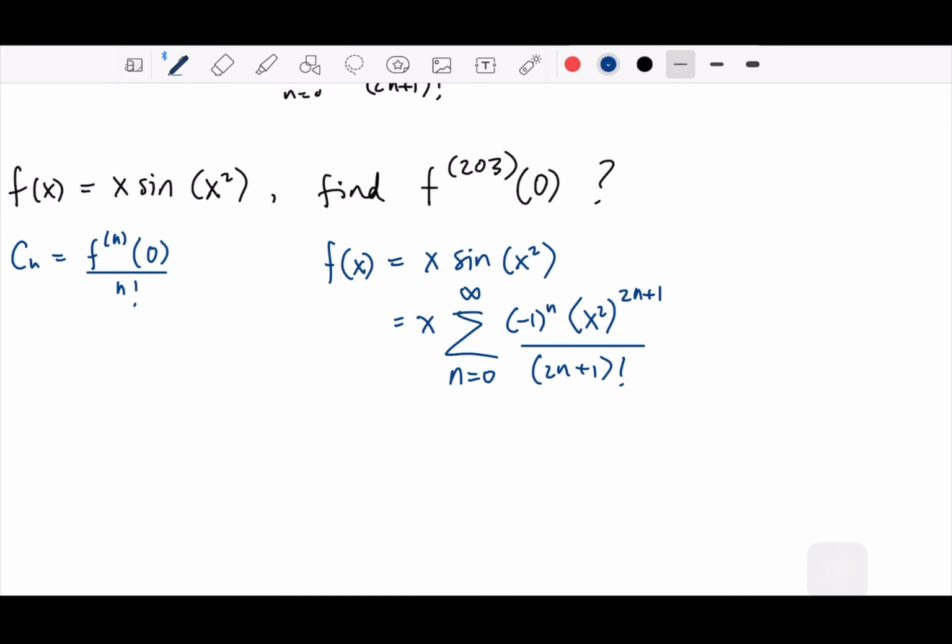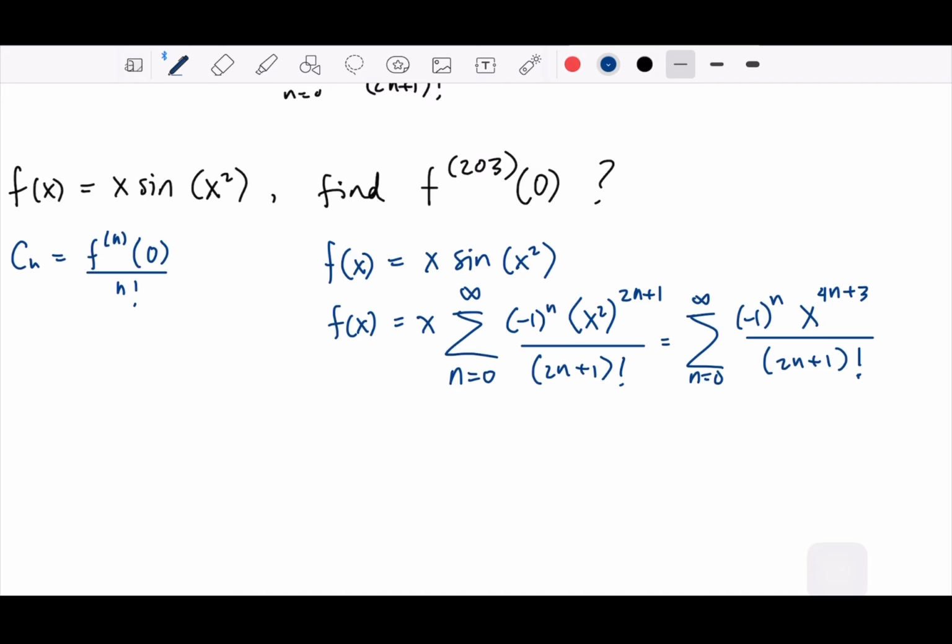Let's solve and multiply with x. So this will become x to the 4n plus 2 plus 1, so plus 3. So this is our function as a series.